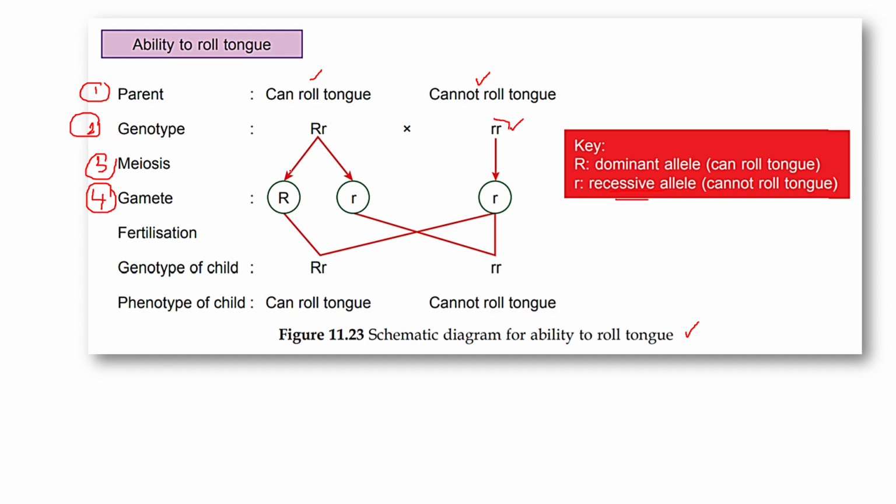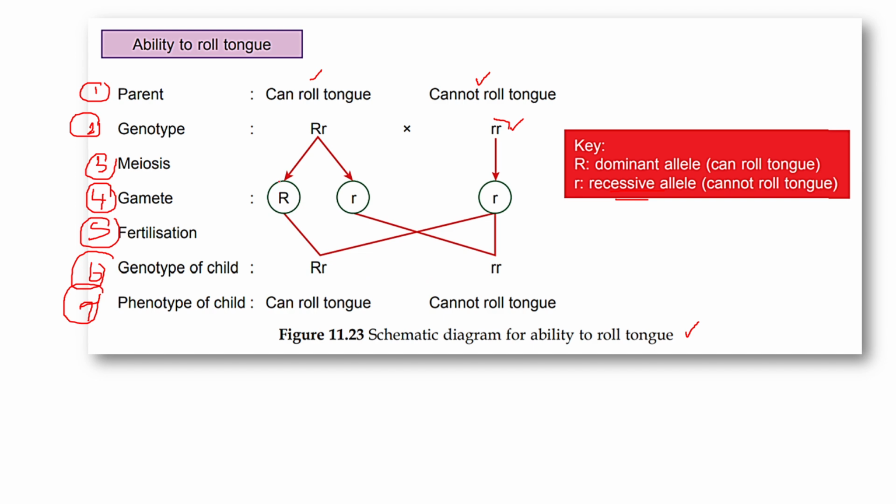As we break it down, each gamete inherits only one allele from the pair. Let's do the fertilization and show the probability of the genotype and also the phenotype of the outcome, the child.